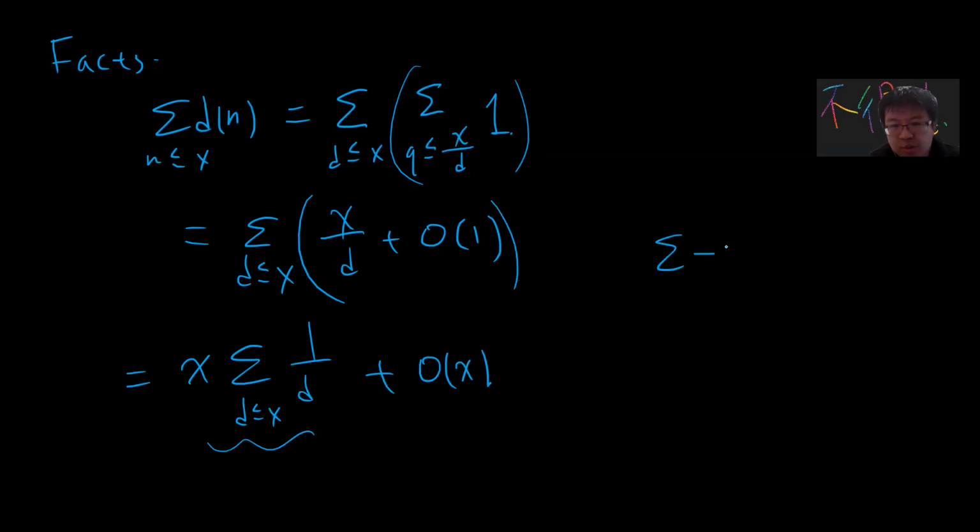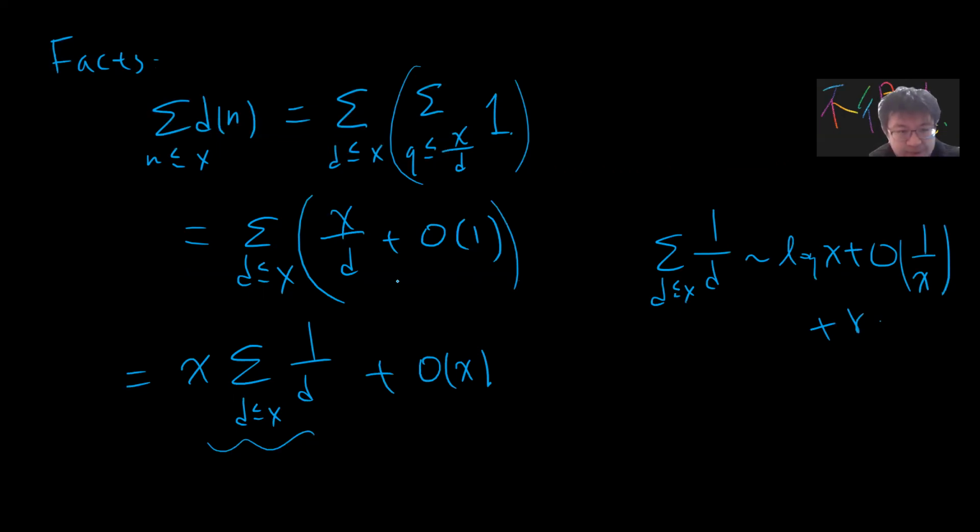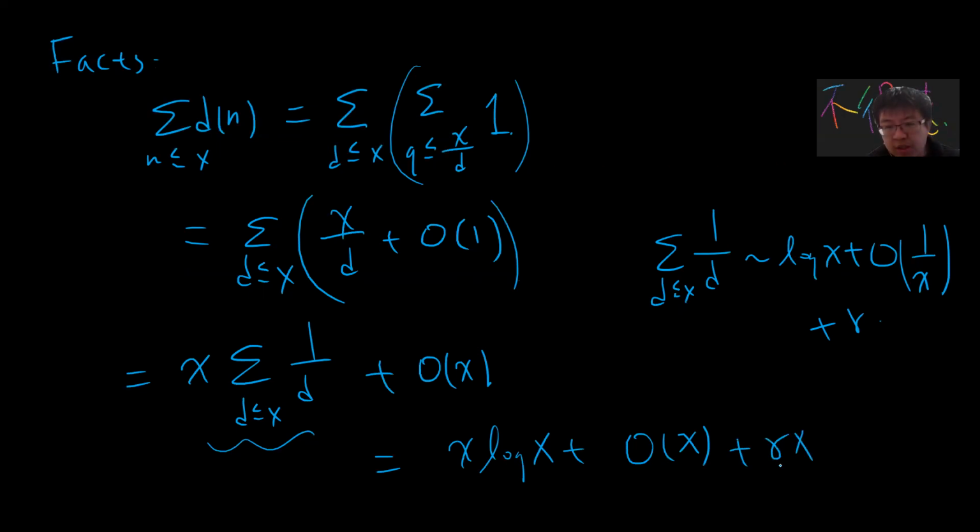For this term, this is a common, famous result: the sum of 1 over d for d less than or equal to x is approximately log x plus gamma plus O of 1 over x. So you get x log x plus O of x, because the O of 1 term we can neglect, and the gamma x term can be absorbed into O of x.